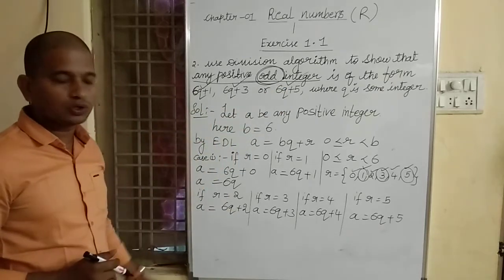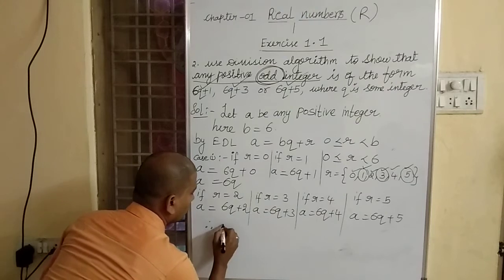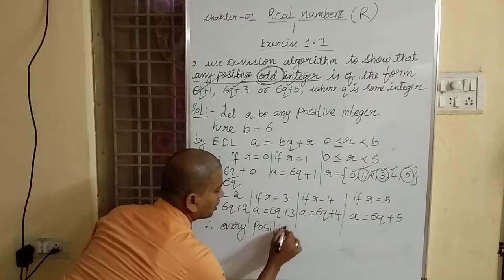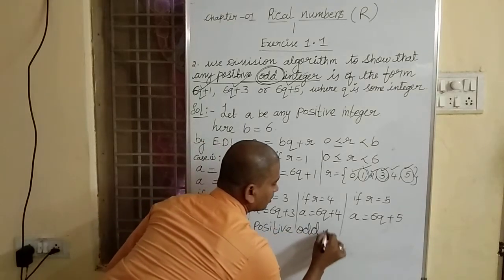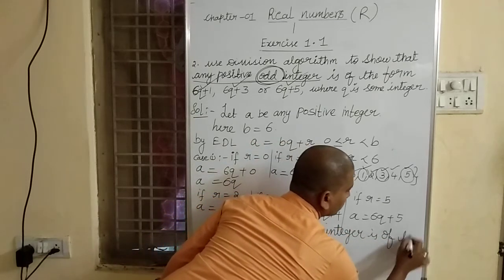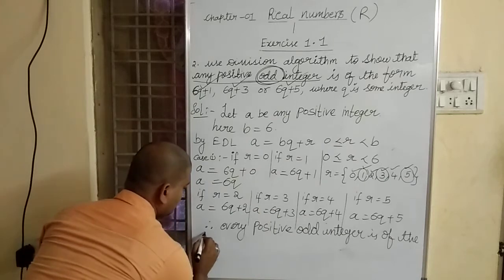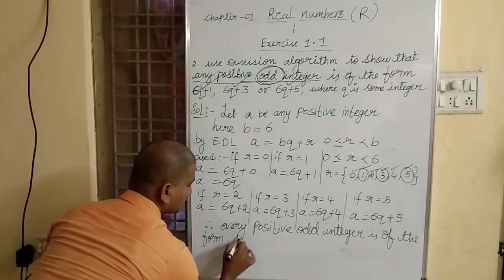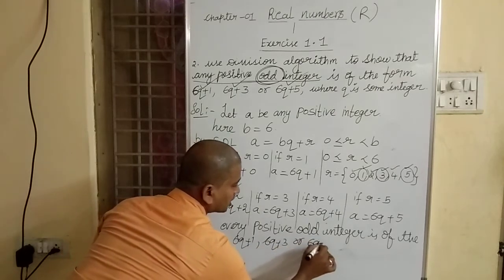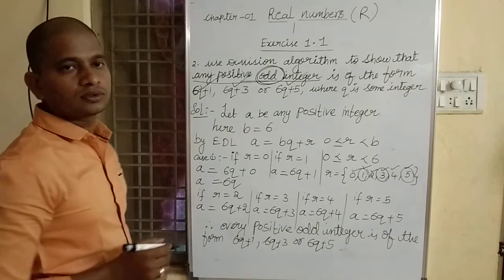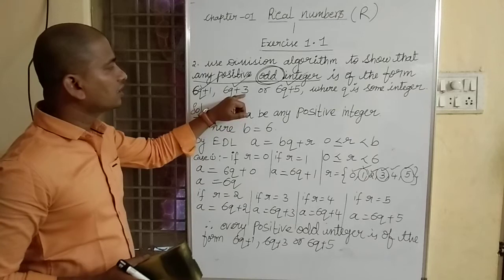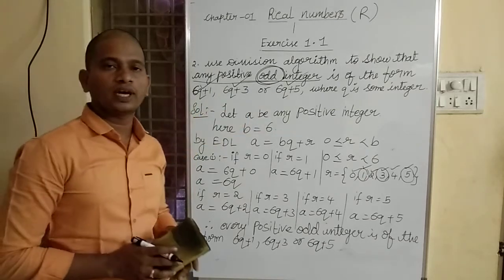So from this what we understood, therefore every positive odd integer is of the form 6q plus 1, 6q plus 3 or 6q plus 5. Clear?